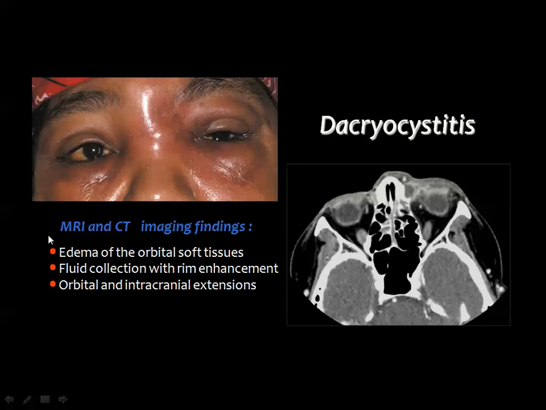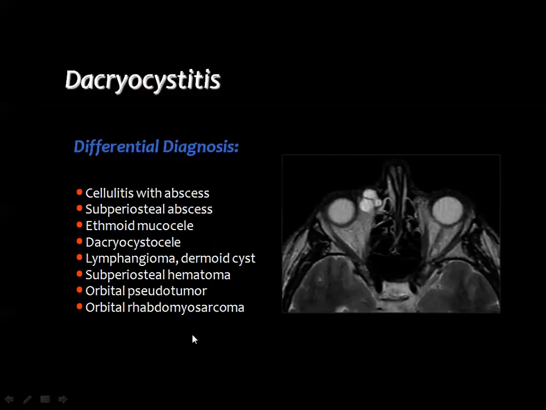Then the MRI and the CT findings will include edema of the orbital soft tissues, fluid collection with marginal enhancement denoting the presence of an abscess, and orbital and intracranial extensions sometimes may be seen.